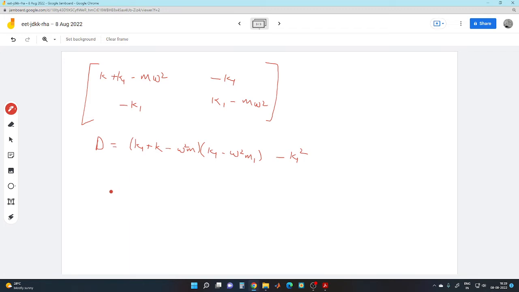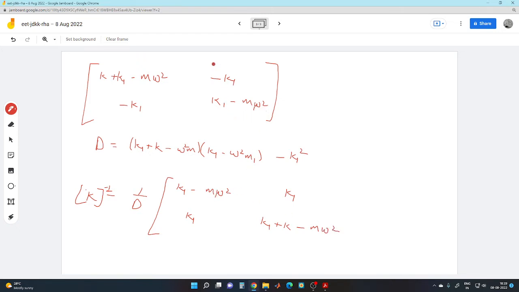So if we say this as K matrix inverse, it can be written as 1 by D multiplied by k1 minus m1 omega square, k1, k1, k plus k1 minus m omega square. So here it is m1.